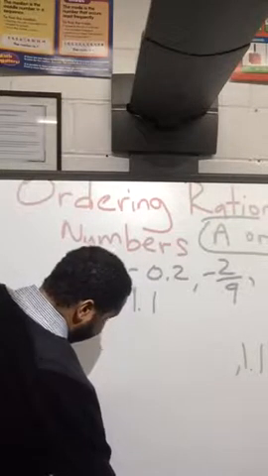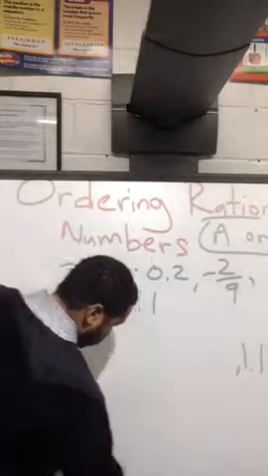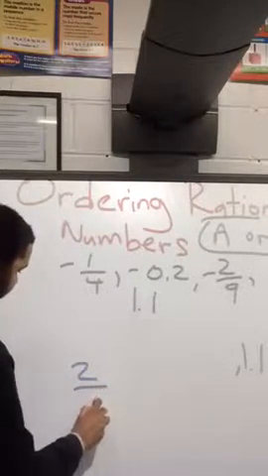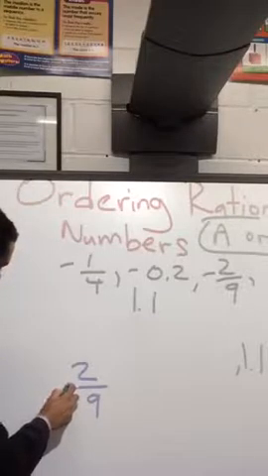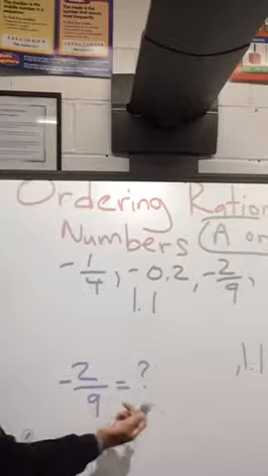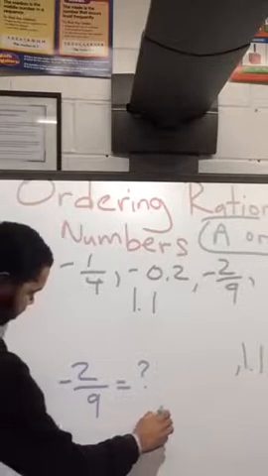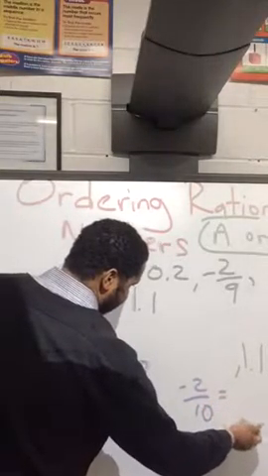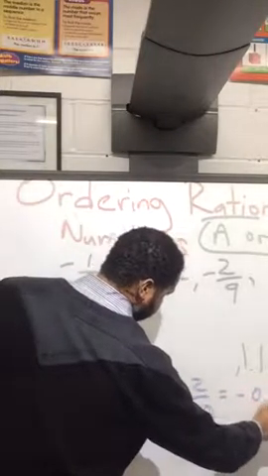In order for that to happen, we need to know what 2/9 means. It's some decimal, but we know what 2/10 is. So negative 2/10 is the same as negative 0.2.